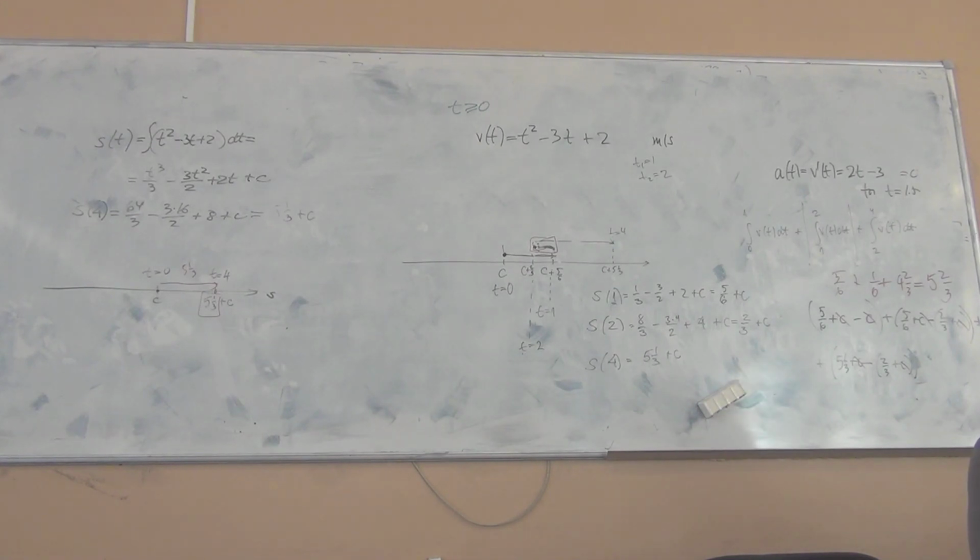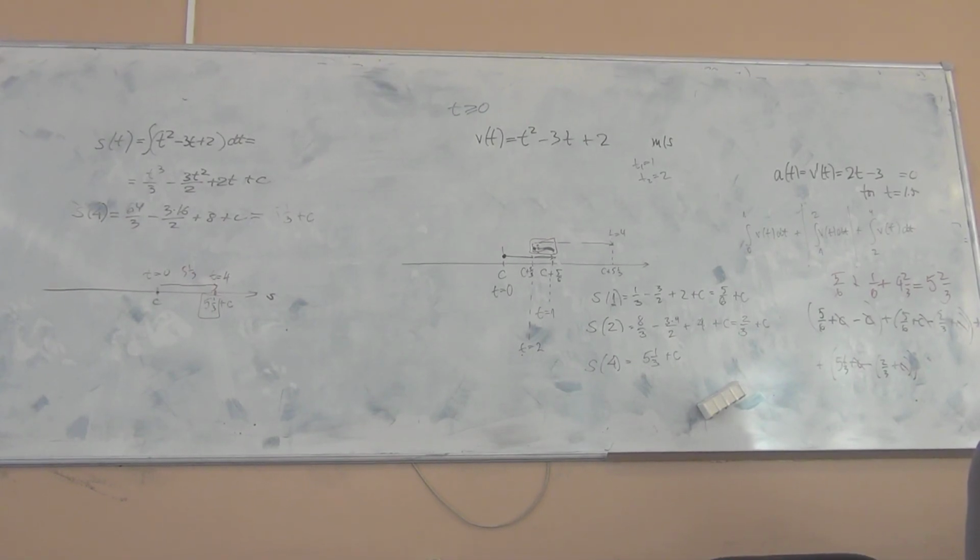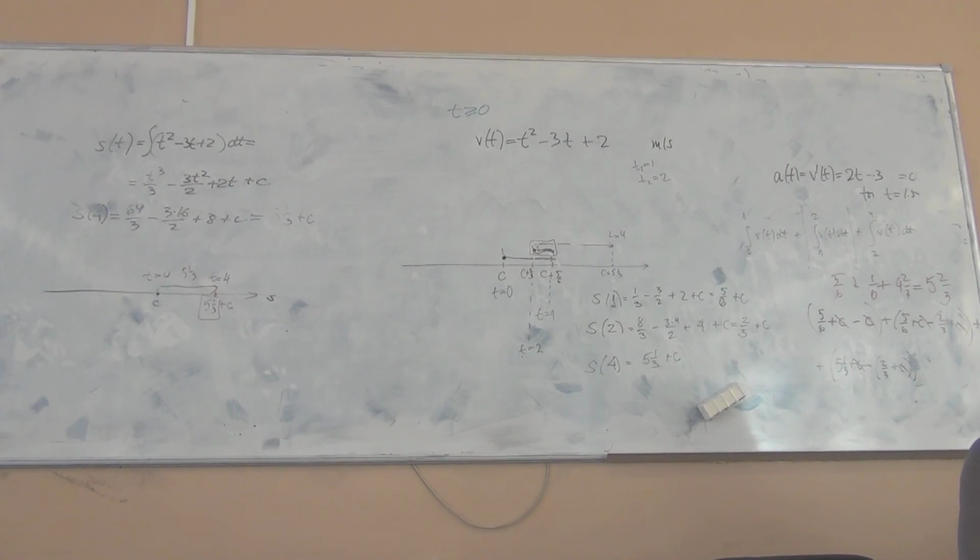Okay. Number 3, then. We have a velocity function given. Find the total distance traveled during the first 3 seconds, or between the first and the third second.